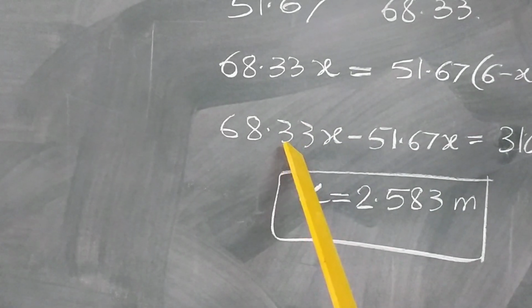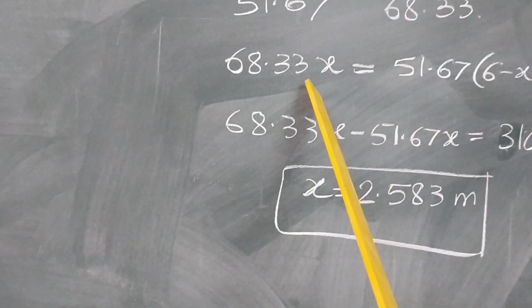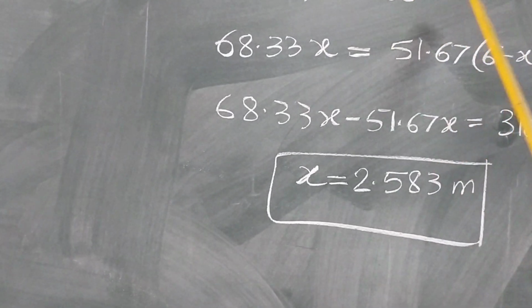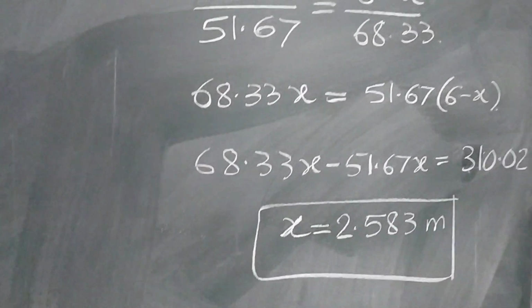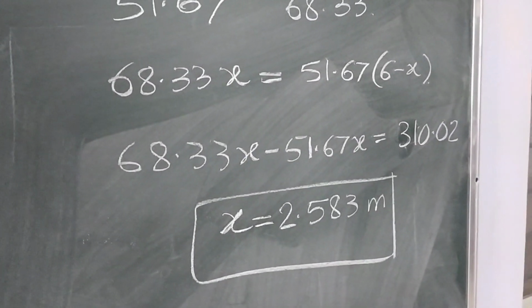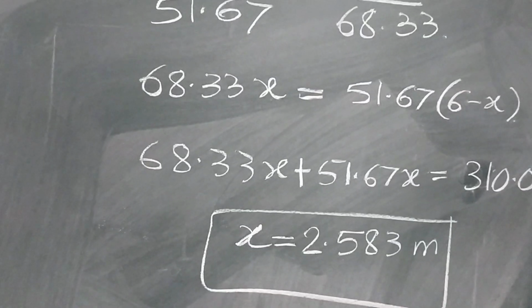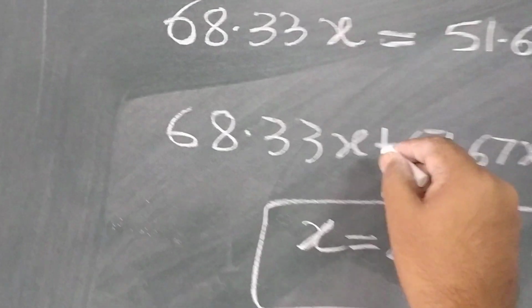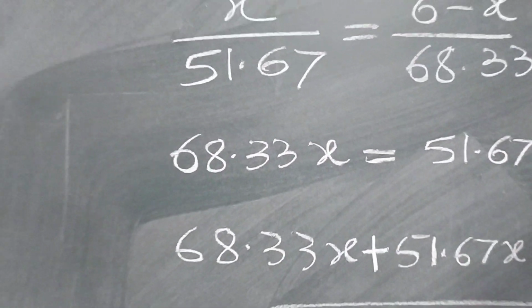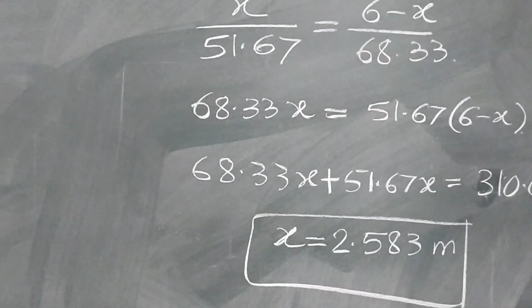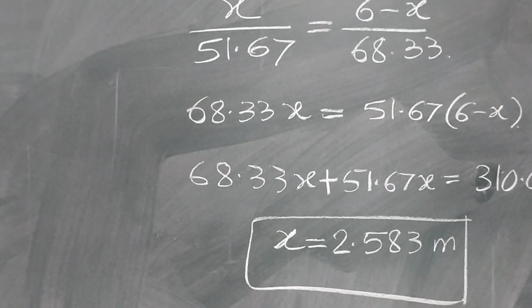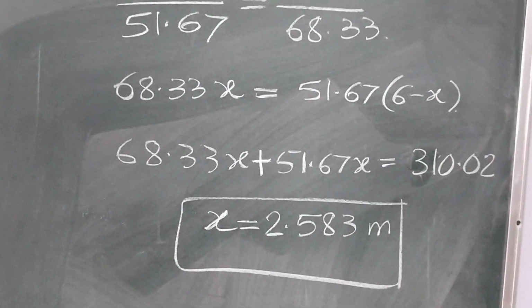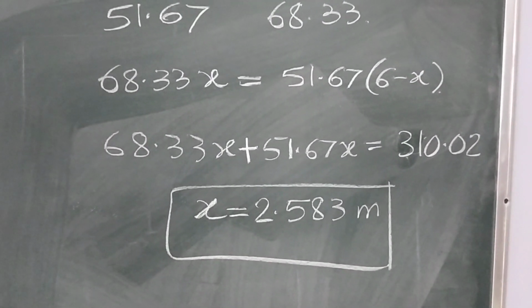So 68.33 x plus 51.67 x, when it comes to the other side of the equation it becomes plus, equal to 310.02.